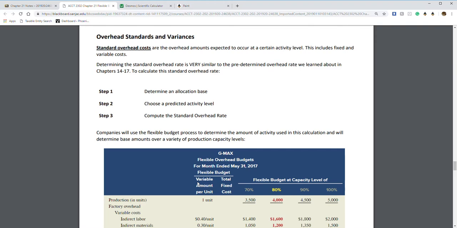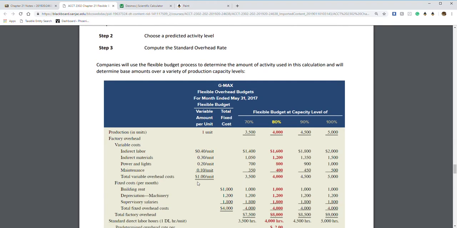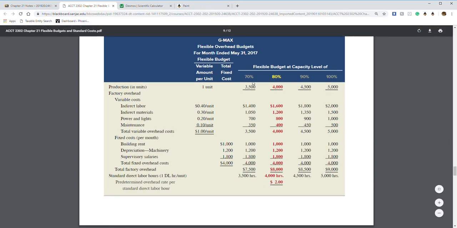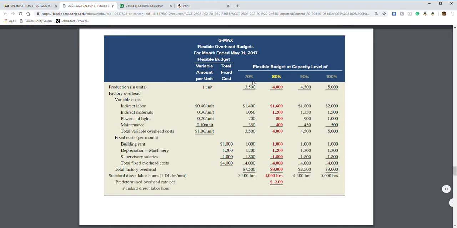Companies will use a flexible budget again, but with overhead, they like to use more of a capacity level. Overhead typically deals with more of the factory, so we're going to look at capacity. As you can see, this budget starts if the factory's at 70% capacity, 80% capacity, 90, and 100.